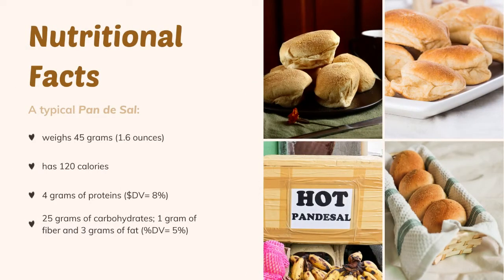A typical pandesal weighs 45 grams or 1.6 ounces. It has 120 calories. The bread has 4 grams of protein or 8% of the daily recommended intake for a healthy adult on a 2,000 calorie diet.